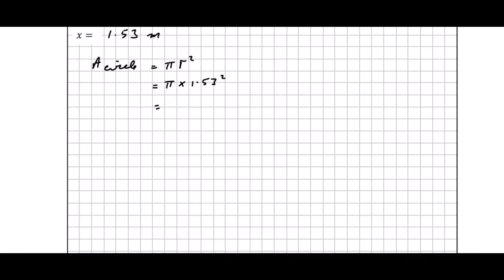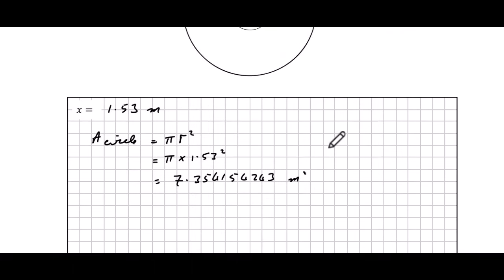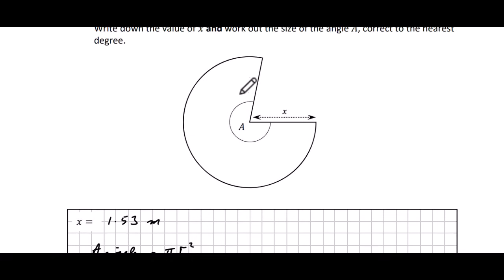So when you work that out, what you're going to get is 7.3541544243, and that's meters squared. That's the area of the entire circle. So what we need to do is find the proportion of the circle that we're talking about. So we know this area here of the sector, that is, again, 6.25.